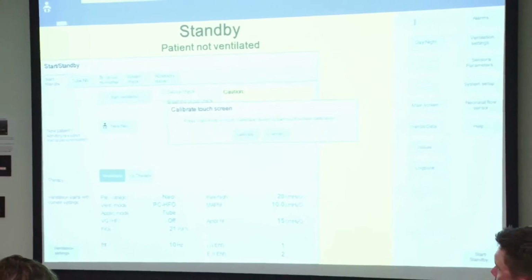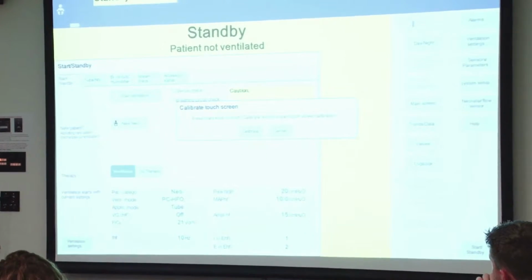And then the screen will show if you want to calibrate. And you have to calibrate both position and strength. In this one, it's a new version, so you just have to calibrate twice.